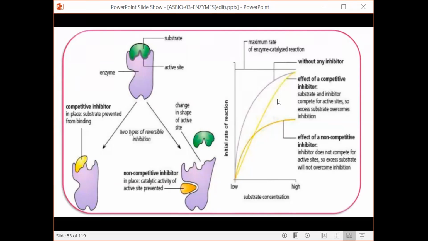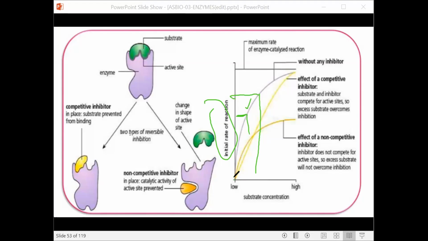Okay, let me see if I can explain this. See, this one is the normal condition. Here, what is happening now? This is at a very high rate, so it is touching the higher part at a very low substrate concentration, right?